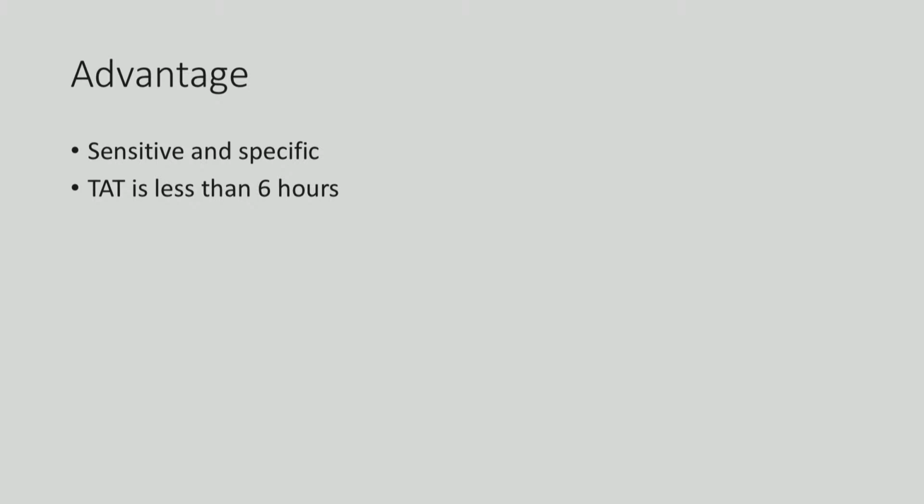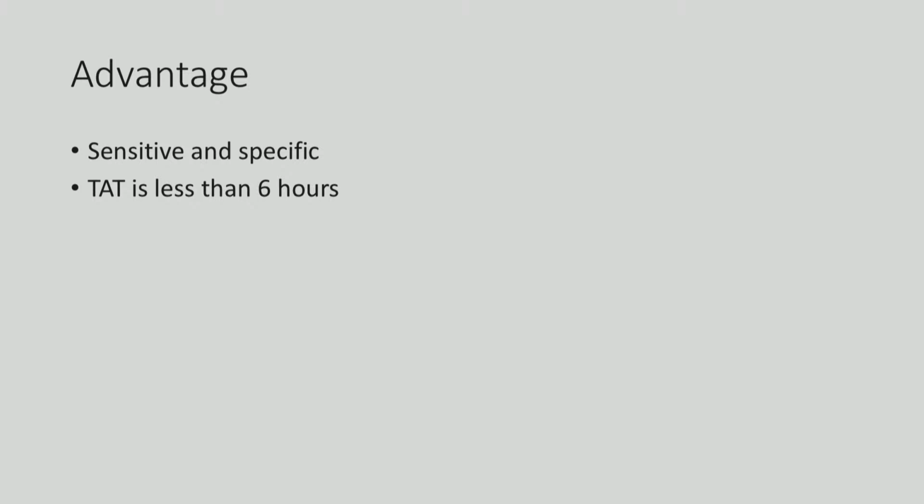MRD can be monitored by flow cytometry and also by molecular techniques. Molecular techniques are far more sensitive and accurate in monitoring MRD than flow cytometry, but flow cytometry still holds a major ground.